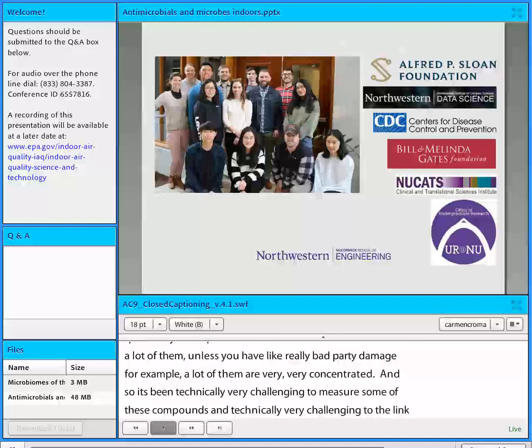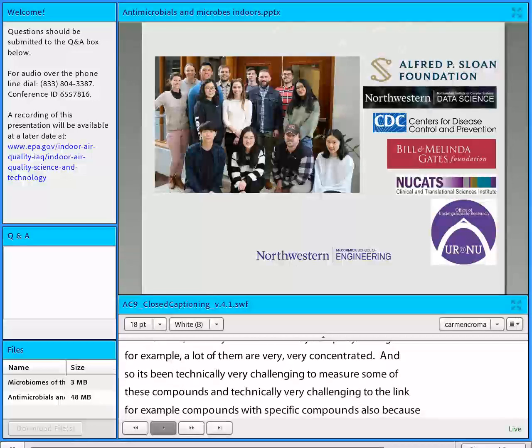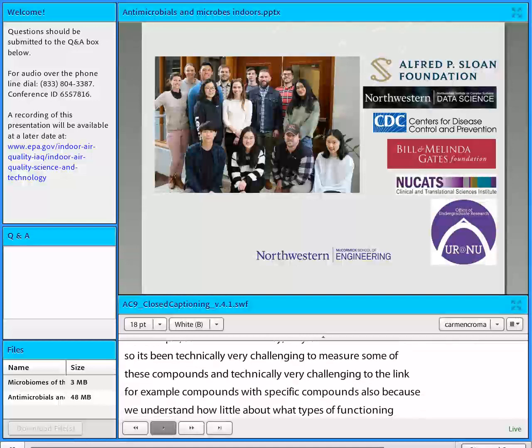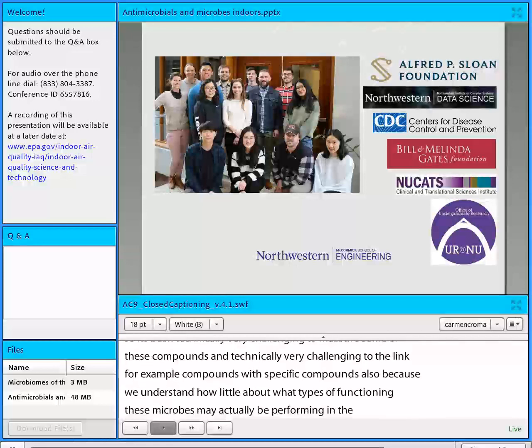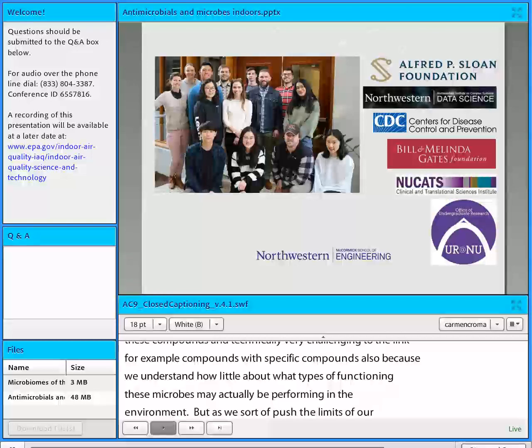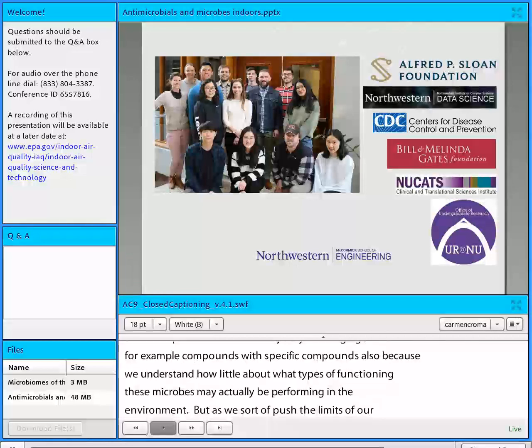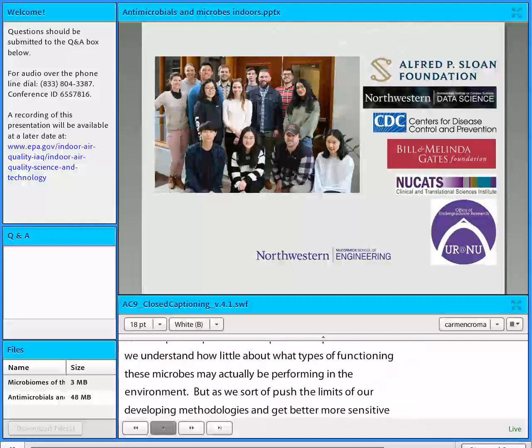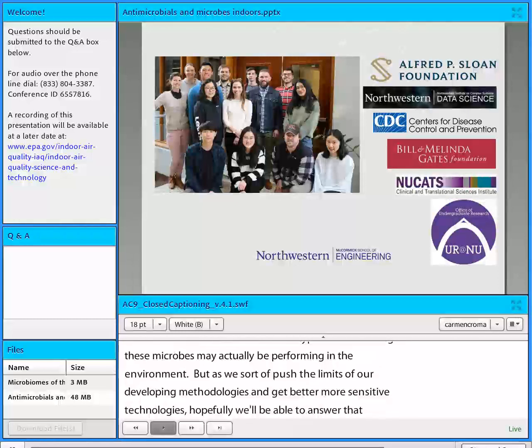Also because we understand so little about what types of functions these microbes might actually be performing in the environment. But hopefully, as we push the limits of our developing methodologies and get better, more sensitive technologies, we'll be able to answer that question a little more concretely.